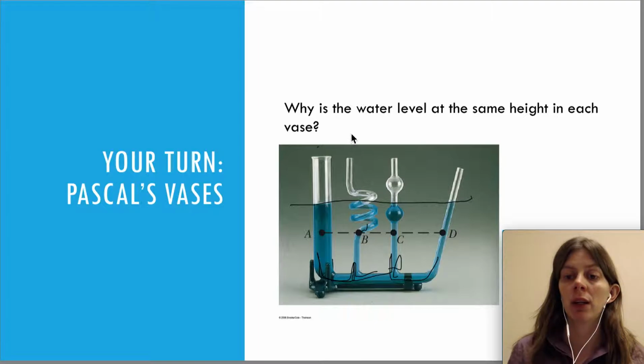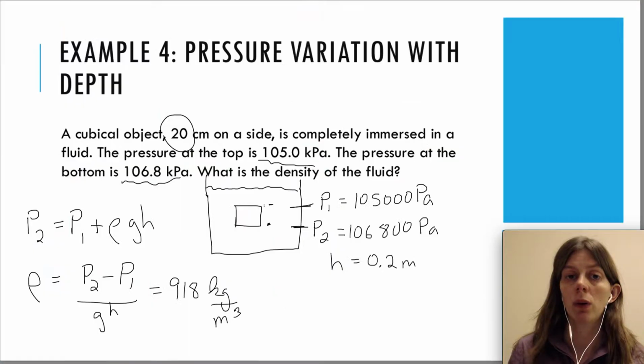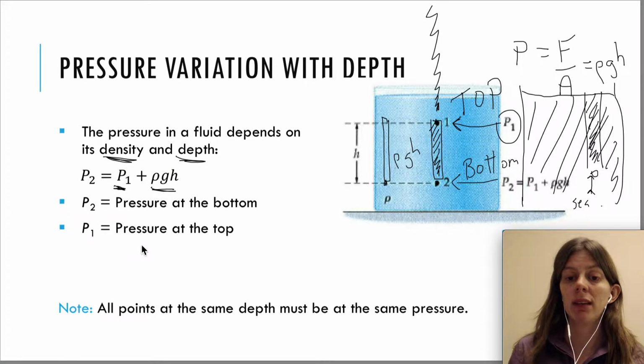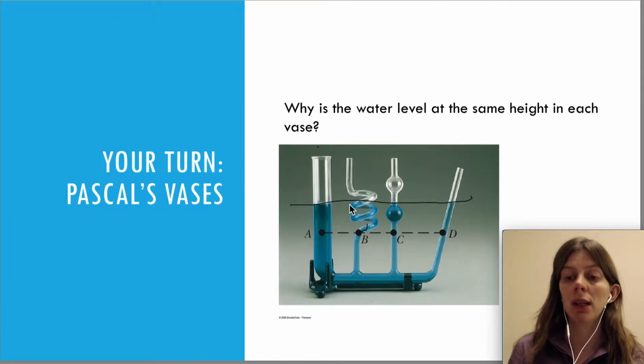So this question is a conceptual question, and it says, why is the water level at the same height in each vase? So this goes back to what we said a couple slides ago, it said all points at the same depth must be at the same pressure. What that means is that down here, you're all at the same depth. You must be at the same pressure.